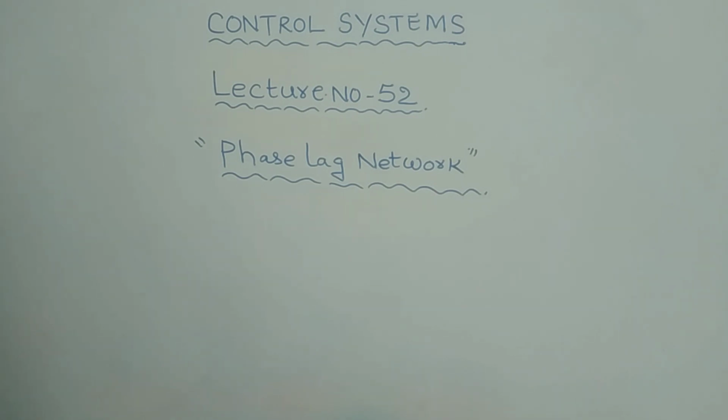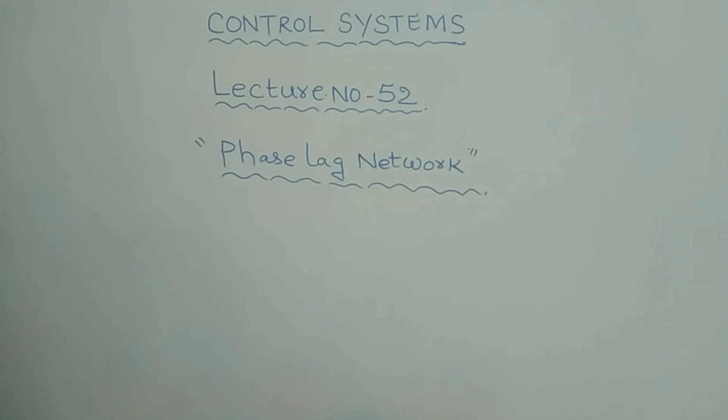This is from the control systems subject, and so far we have covered 51 presentations or lectures on this subject. This is lecture number 52, in which I am going to explain the phase lag network, otherwise also called the phase lag compensator.